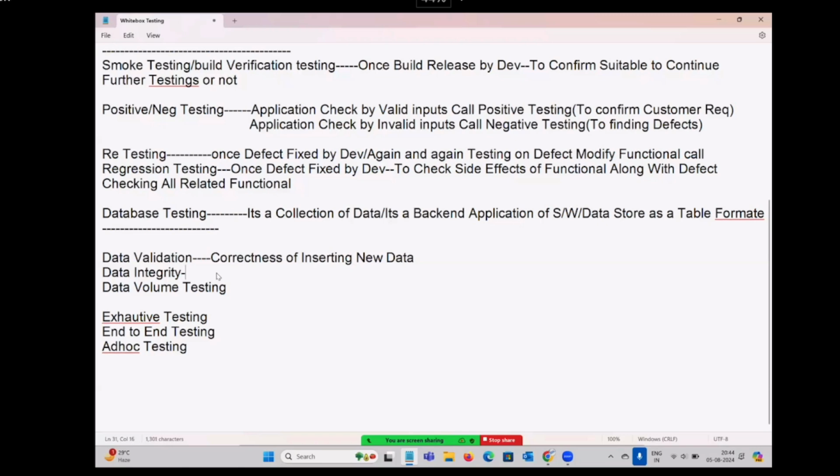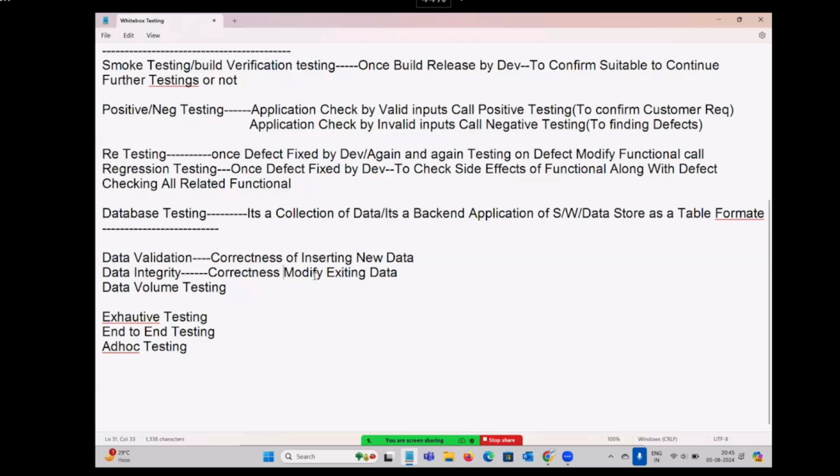Data integrity: correctness of modifying existing data.